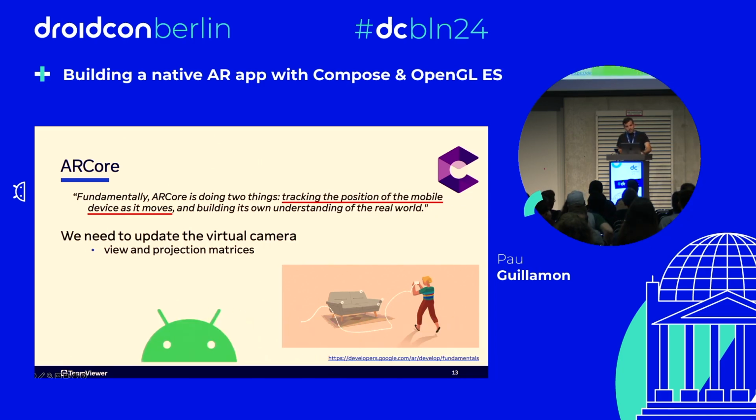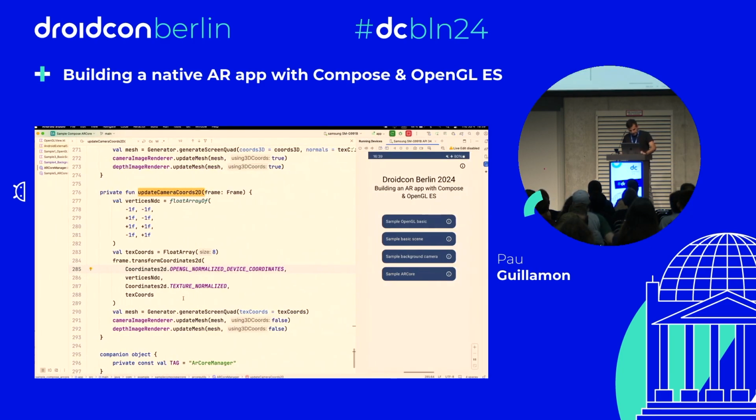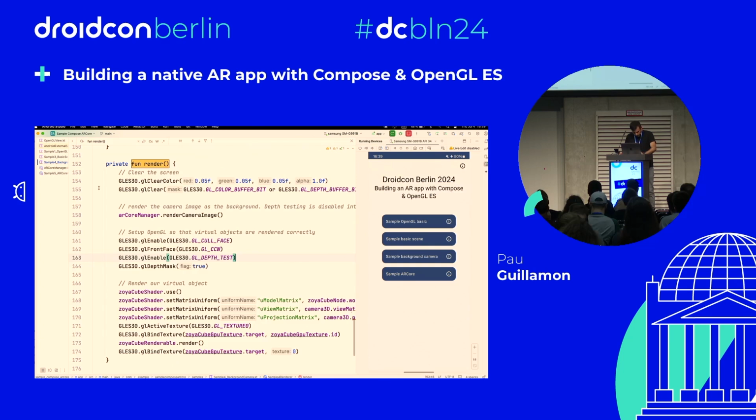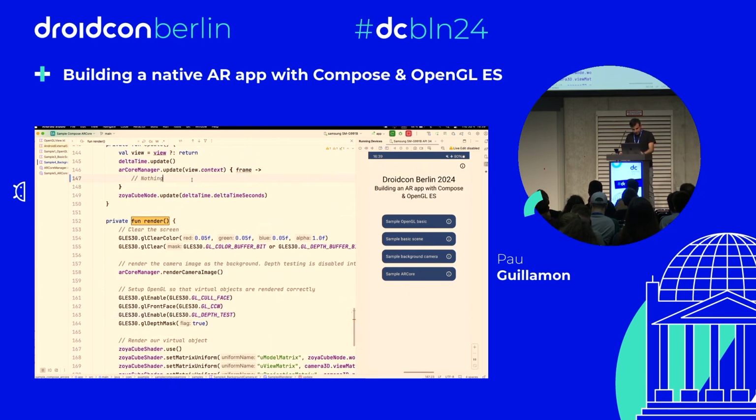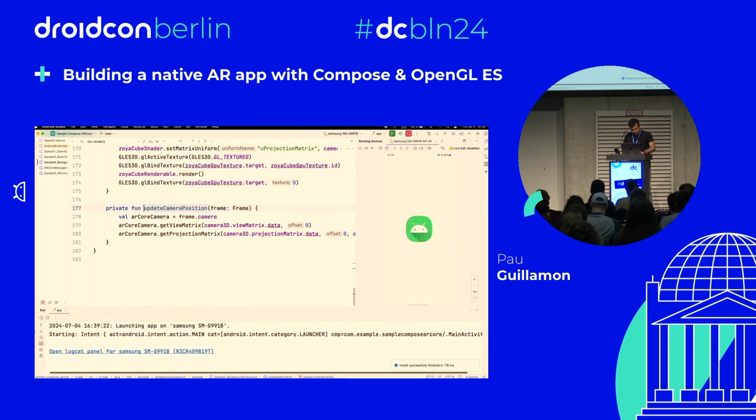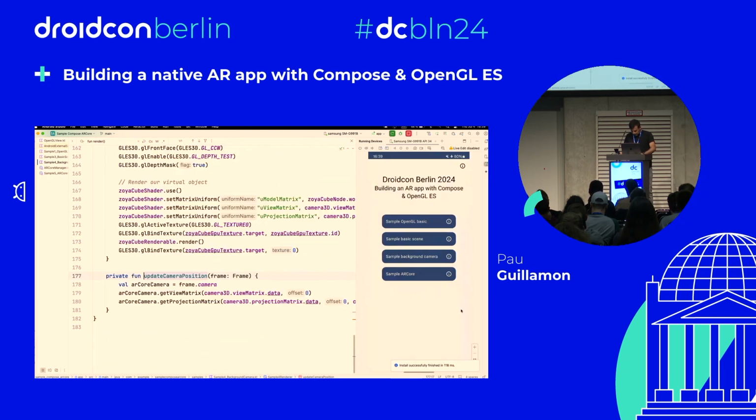So we're going to take the sample from before, exactly the same sample, and just up here, after updating ARCore, I'm going to update the camera position. Let's quickly check the code of this function. It's not that long, 3 lines. We get the camera object from ARCore, then we get the view matrix, and we set it to our virtual camera.